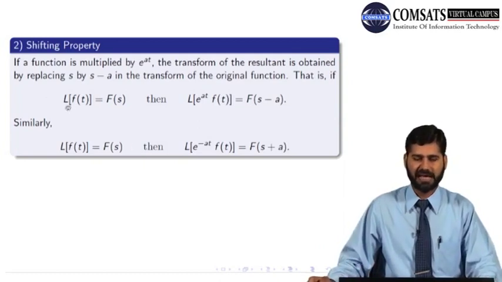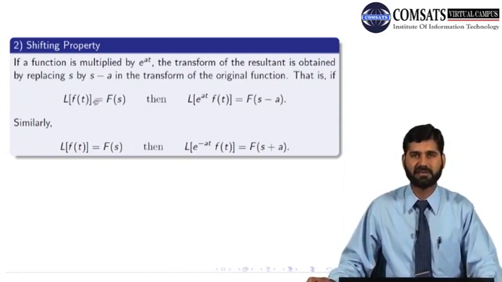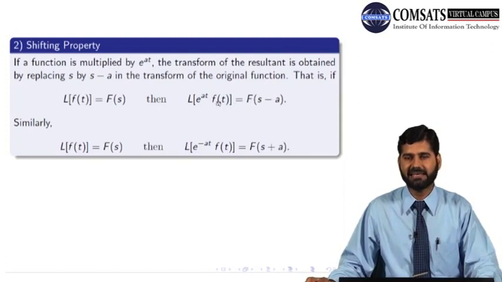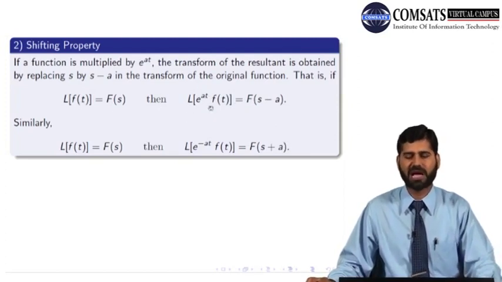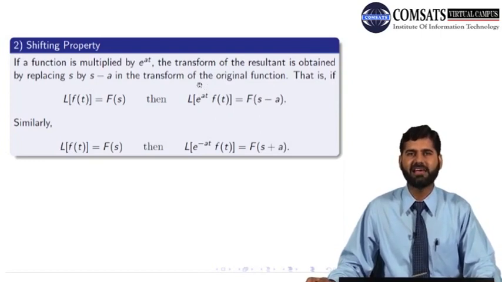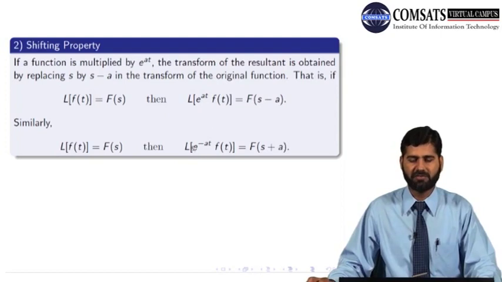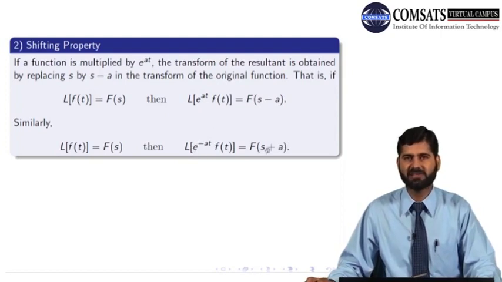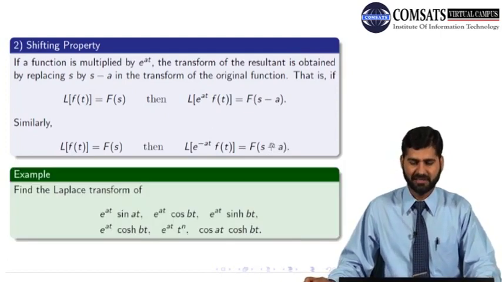So if the Laplace transform of f(t) is capital F(s), then for the Laplace transform of e to the at times f(t), you don't have to calculate it again. You already have the transform of small f, so you just shift your origin to s minus a. Similarly, if you multiply by e to the minus at, it will shift your origin to minus a. It will add a to your s.